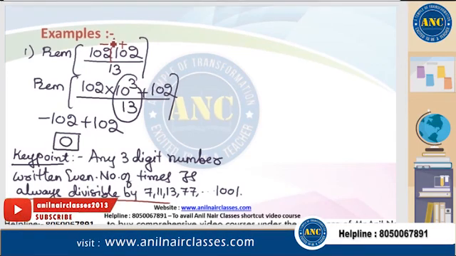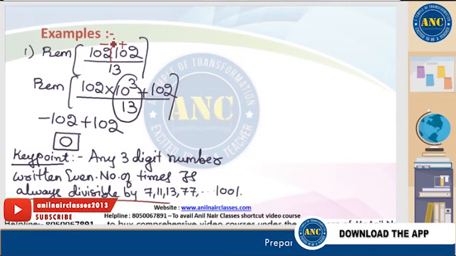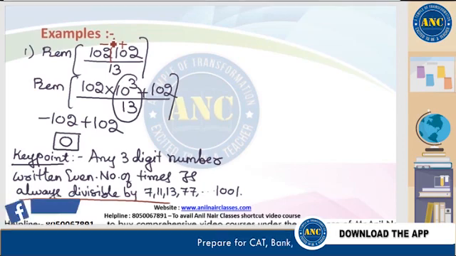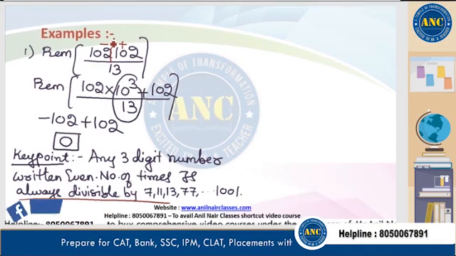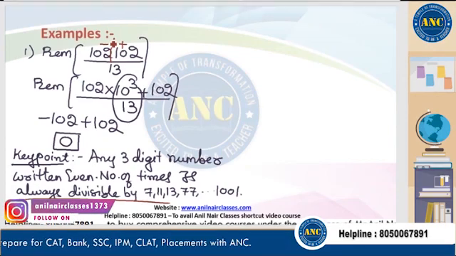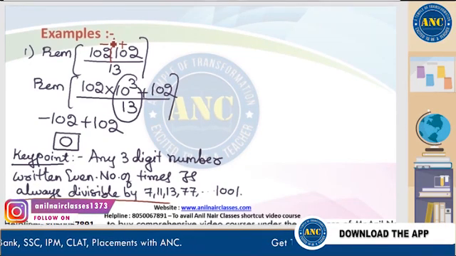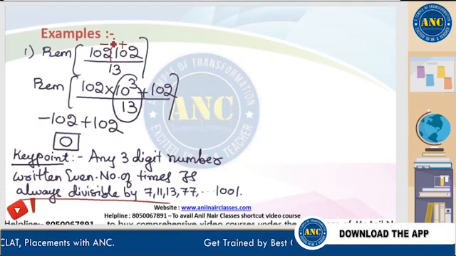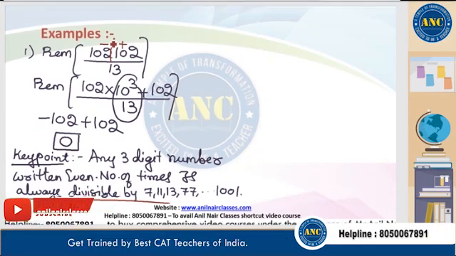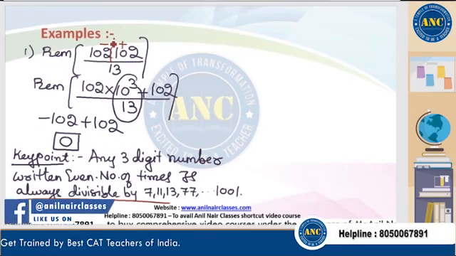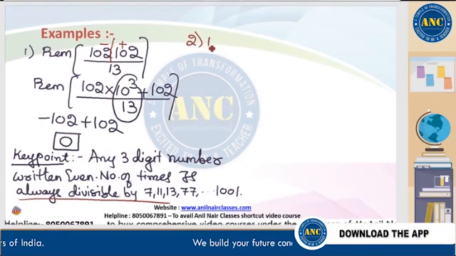If it is written 4 times, first and second are cancelled, third and fourth are cancelled. If it is written 6 times, first is cancelled with second, third with fourth, fifth with sixth. Any 3-digit number written even number of times is always divisible by 7, 11, 13, 77 and so on up to 1001.